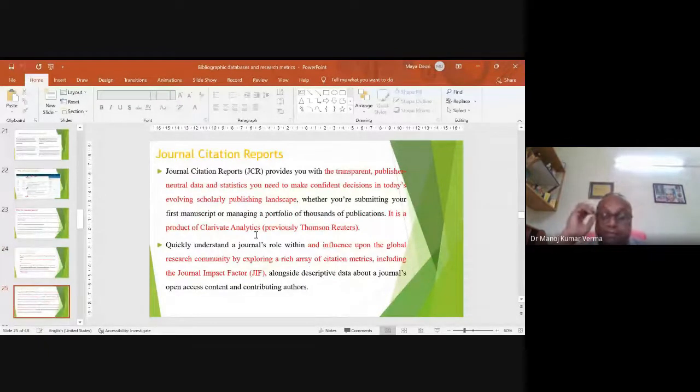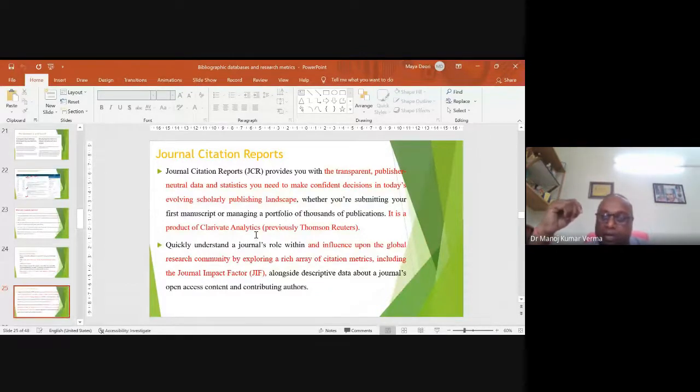Now I will take up the journal citation impact, and the Journal Citation Report, the first is JCR. JCR provides you the transparent, publisher-neutral data and statistics you need to make confident decisions in today's evolving scholarly publication landscape.